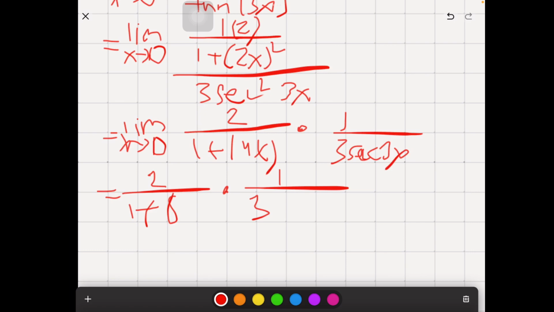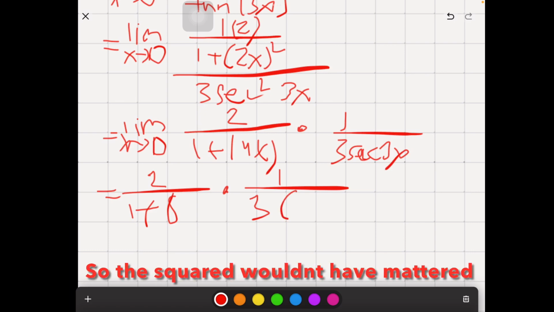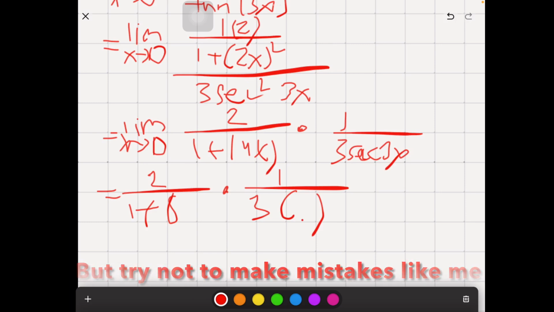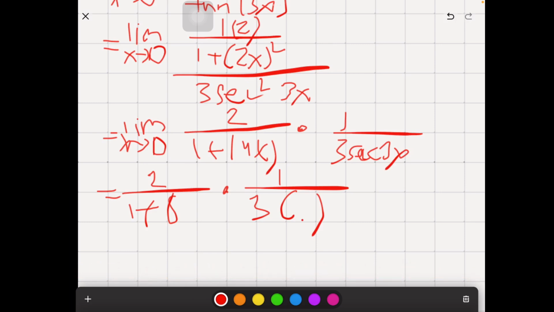So cosine of 0 is equal to 1, which means that secant of 3x is equal to 1. Oh, and I realized it's not 1 plus 8 over here. It's 1 plus 0. Yeah, because 4 times 0 is definitely not 8.